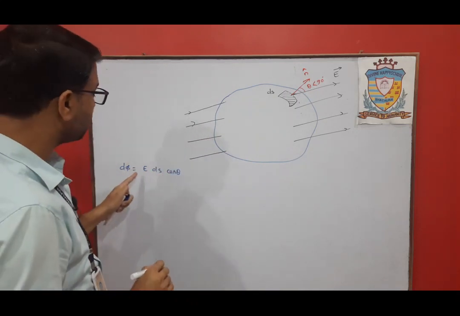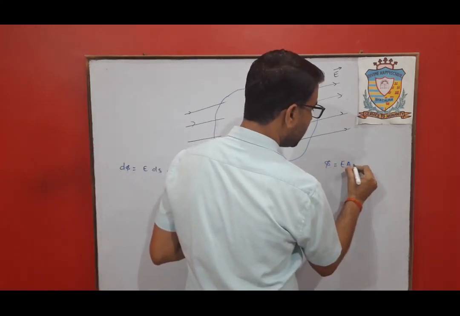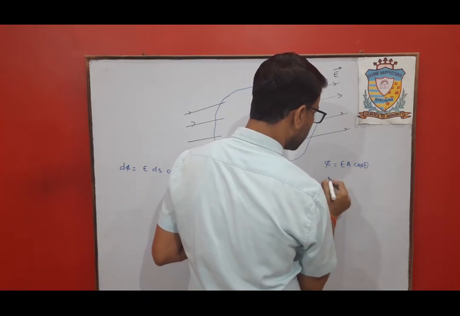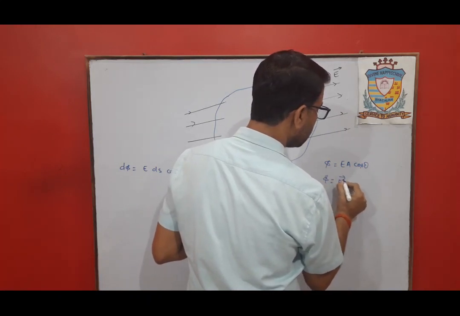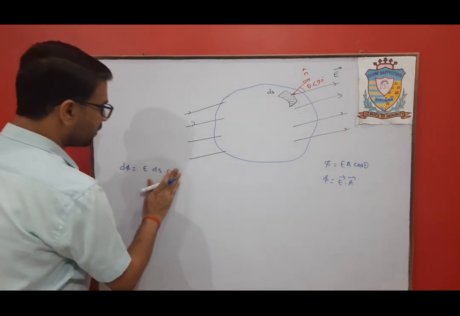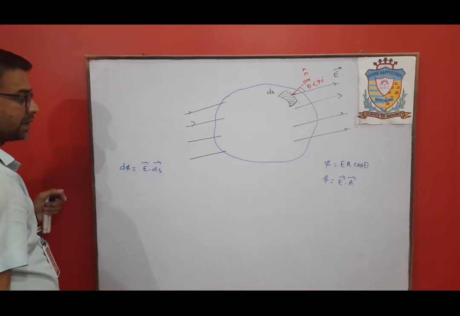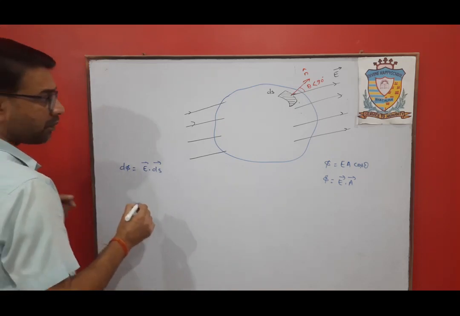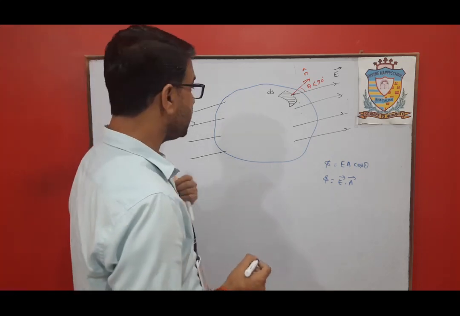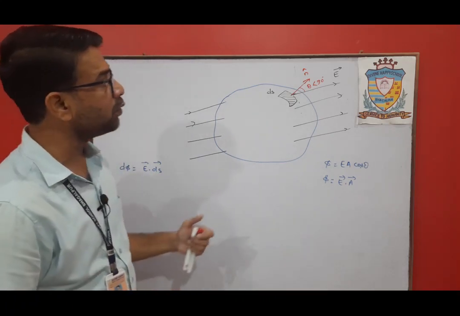As we know, phi equals EA cos theta, or phi equals E dot A. So d phi equals E dot ds for a small area.